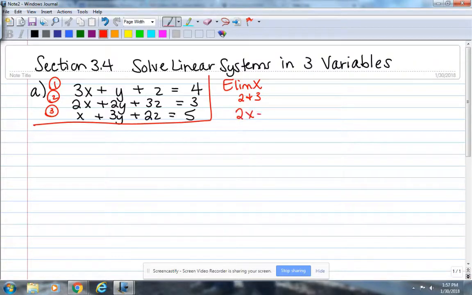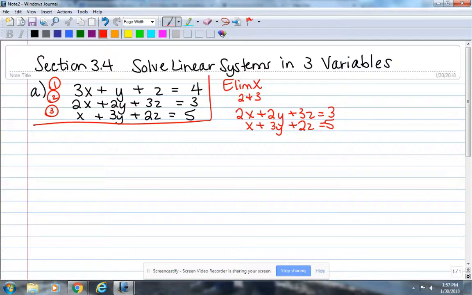So 2x plus 2y plus 3z equals 3, and x plus 3y plus 2z equals 5. Make sure you copy it correctly, because if you mess up copying one little thing, we're going to miss something stupid somewhere.